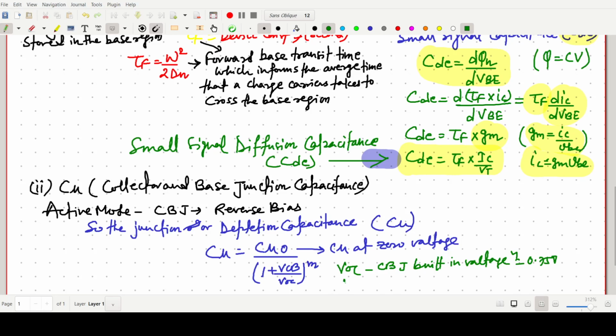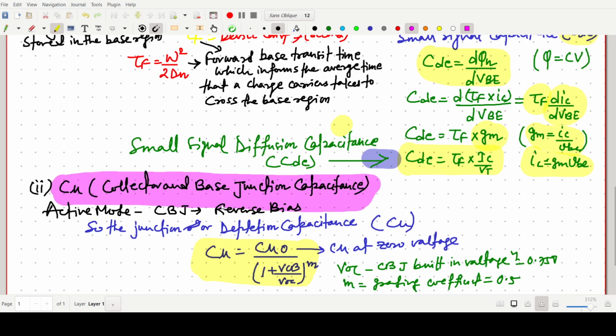And m is the grading coefficient, and its value is around 0.5. So this is a small description of C mu, the collector base junction capacitance.